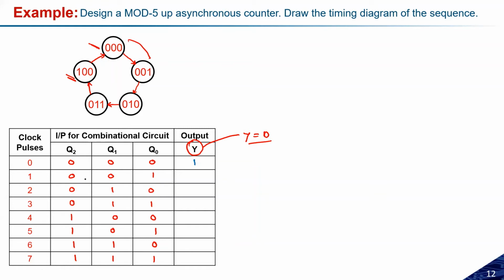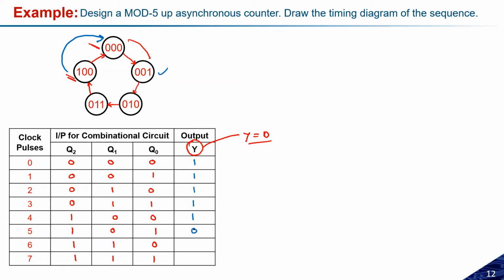Now the next clock pulse will come, 0 0 1, which is also a valid state, so Y should be 1 so that it will not clear the flip-flop. 0 1 0 is a valid state. 0 1 1 is a valid state. 1 0 0 is a valid state. Then after 1 0 0, it should move to 0 0 0, so Y, which is connected to the clear pulse, must be 0.